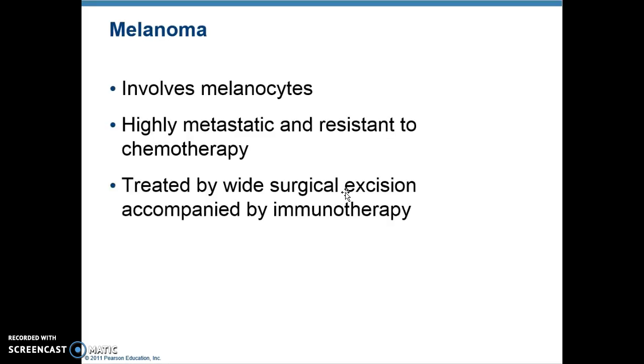Then we go to melanoma. This is the one we need to worry about. This arises in the melanocytes of your stratum basale. It is, as this says right here, highly metastatic, which means these cells will leave the epidermis, physically crawl and move themselves into the dermis, make their way into a blood vessel, and then pop out of the blood vessel somewhere else.